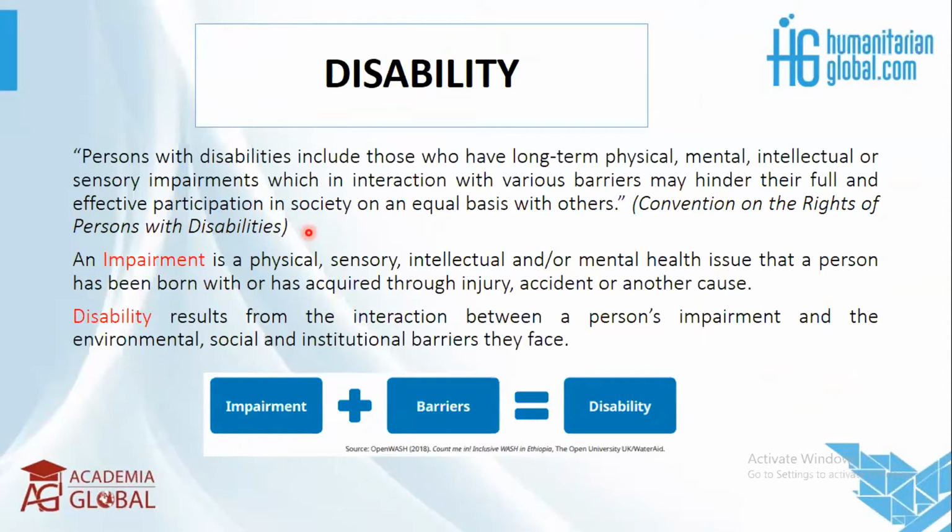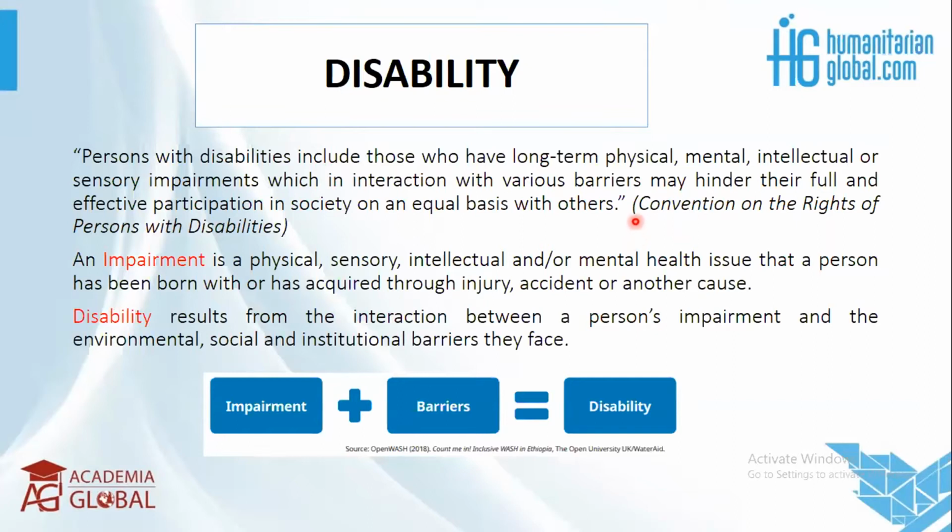The definition that they give is that persons with disabilities include those who have long-term physical, mental, intellectual, and sensory impairments, which in interaction with different barriers may hinder their full and effective participation in society on an equal basis.